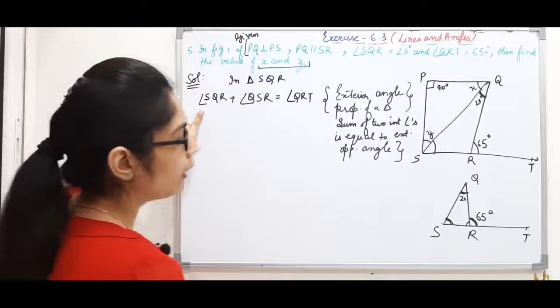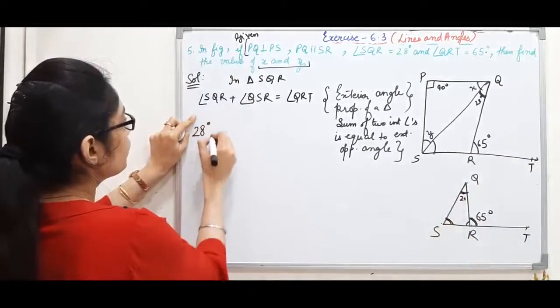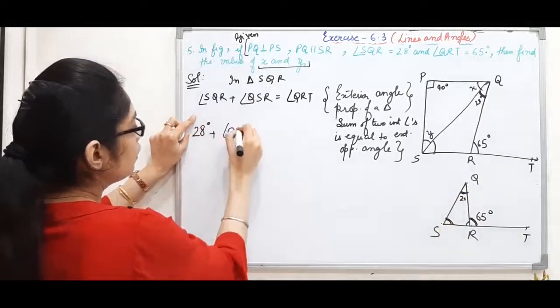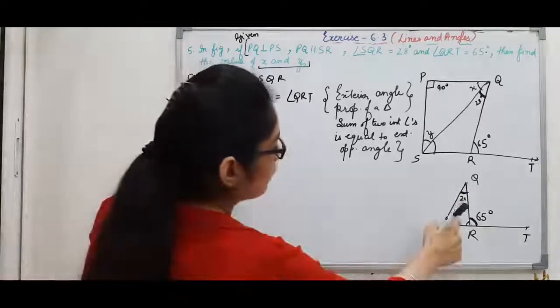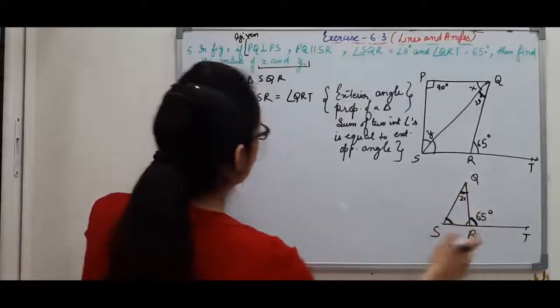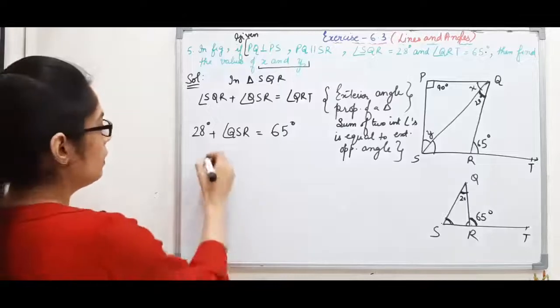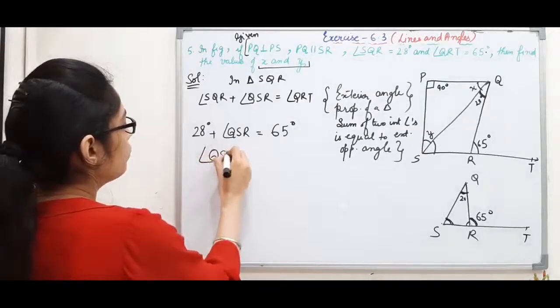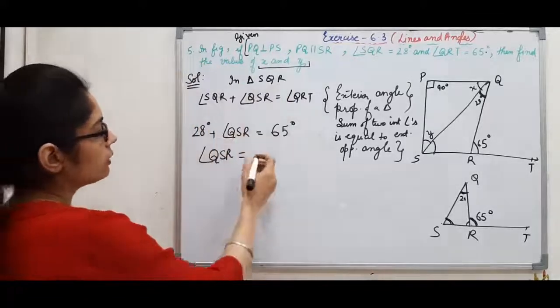So SQR is equal to 28 degrees, which is already given to us, plus angle QSR. We don't know the value of this angle QSR, and this one, QRT, is equal to 65 degrees, which is also given to us. So angle QSR we need to find; we'll keep this angle on this side and shift 28 to the other side.